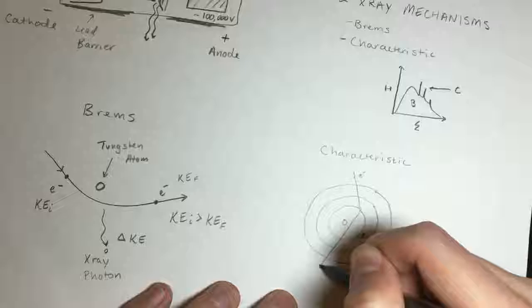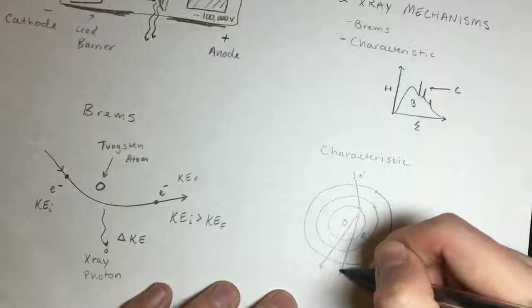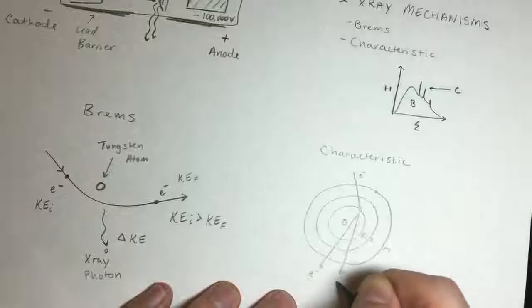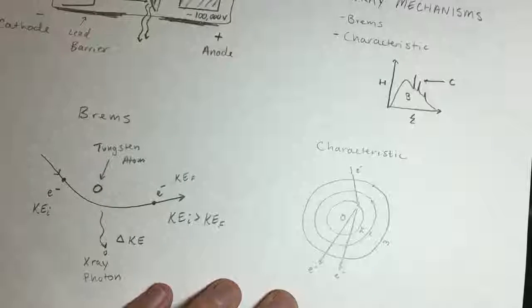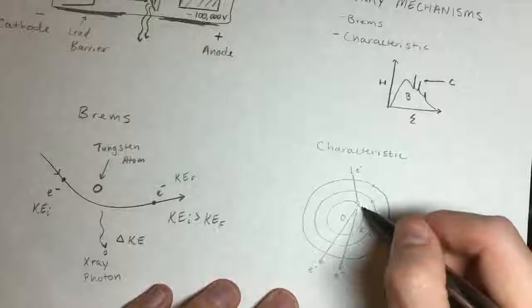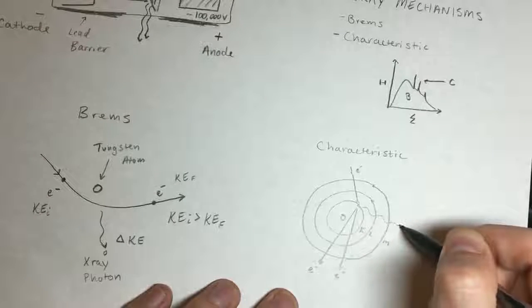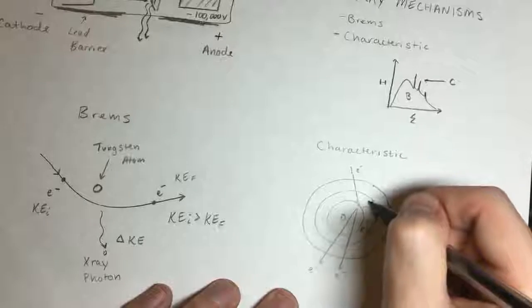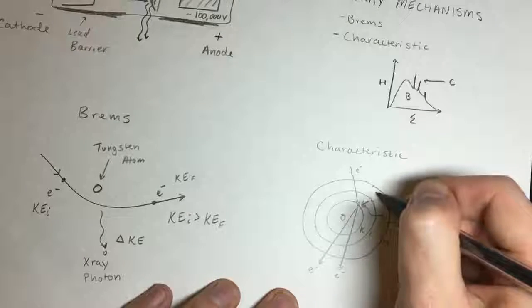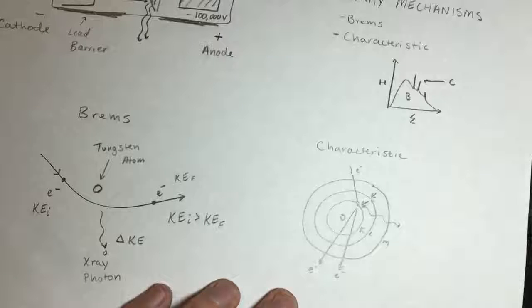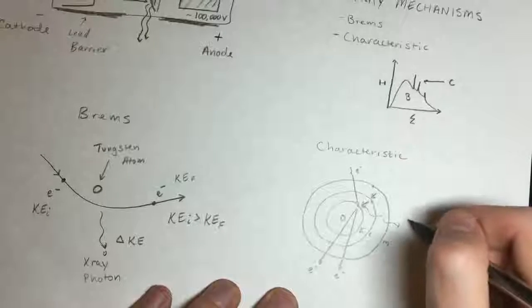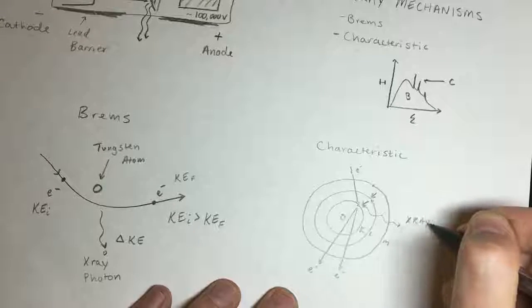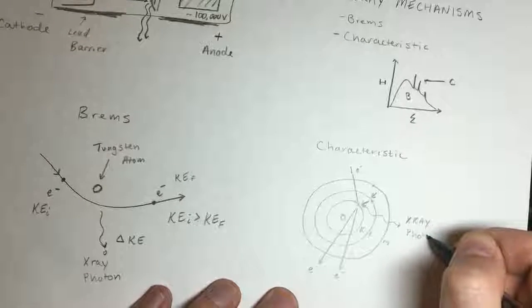So we can see an electron coming in, and it collides with an electron in that K shell. So that smashes out the K shell electron. So both of those electrons leave. And we'll see that electrons from the outer shells, the L and the M shells, will move down into the lower shell. And when they do that, they lose energy. They're going to a lower energy shell, so they have to adapt to that.